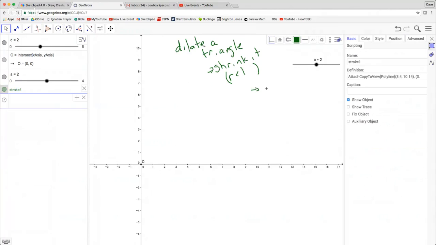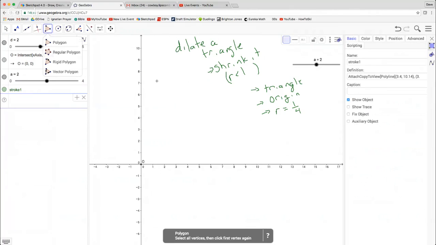So remember, we need 3 things. We need an object. Our object is a triangle. Our point is going to be the origin. And our R factor is going to be shrinking, and we're going to choose an R factor equal to 1/4. Okay, so let's draw our triangle.